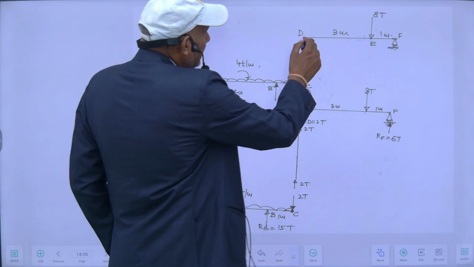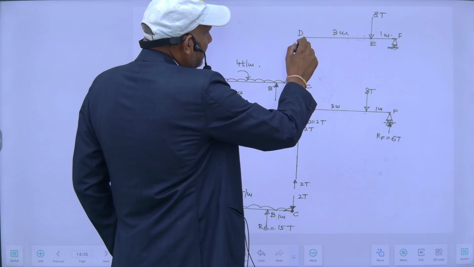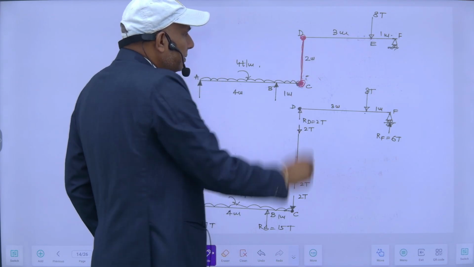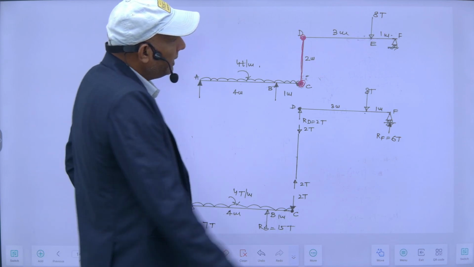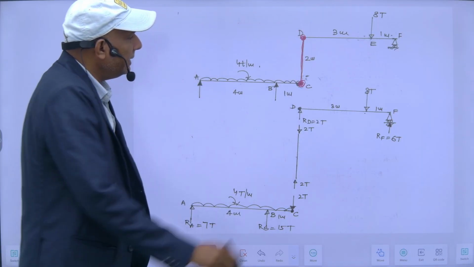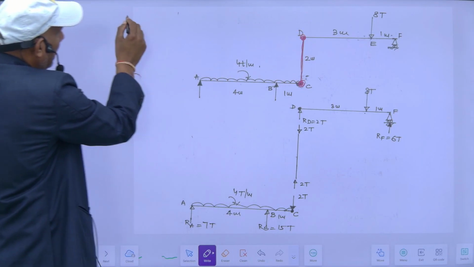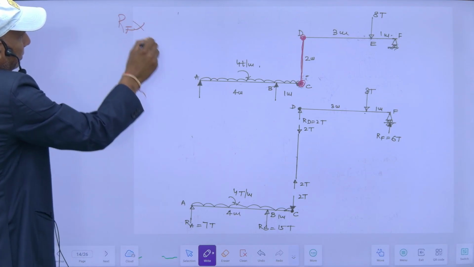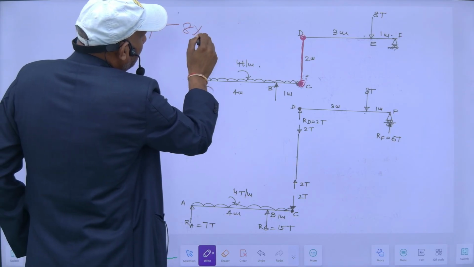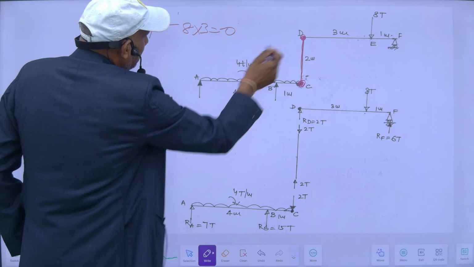Since these two ends are hinged here, both C and D are hinged. So for finding the reaction here, I will take moment here. So it will be RF into 4 minus 8 into 3 is equal to 0. This is hinged.